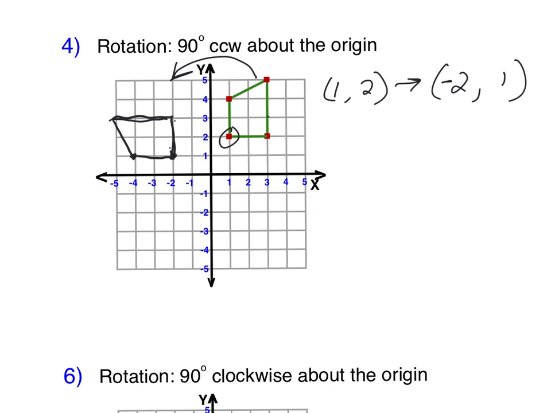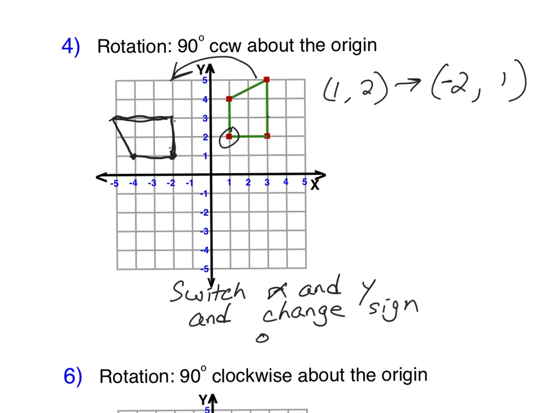The rule essentially stays the same, except we switch x and y and change the sign of the new x. If it was positive, it becomes negative. If it was negative, it becomes positive. That's all there is.